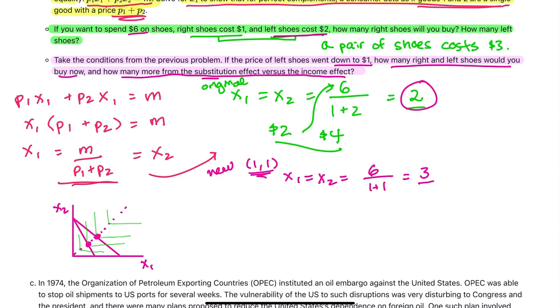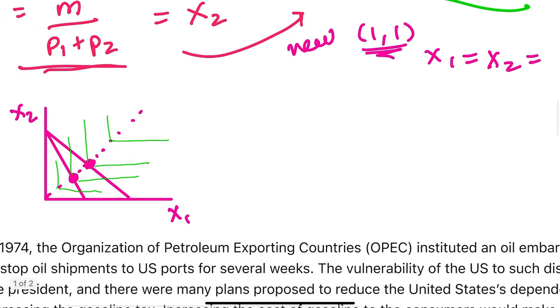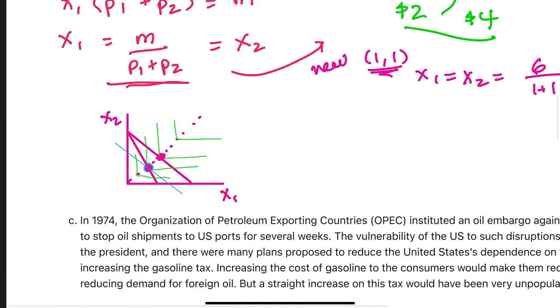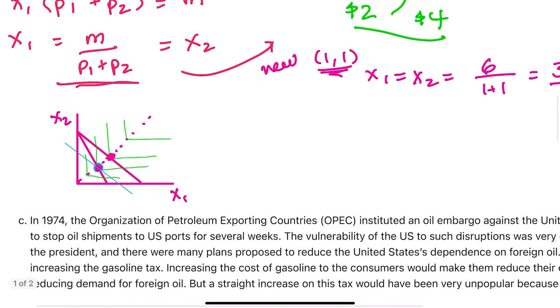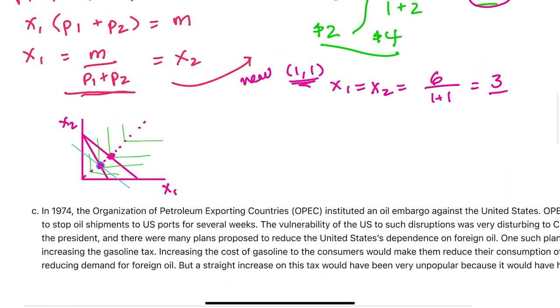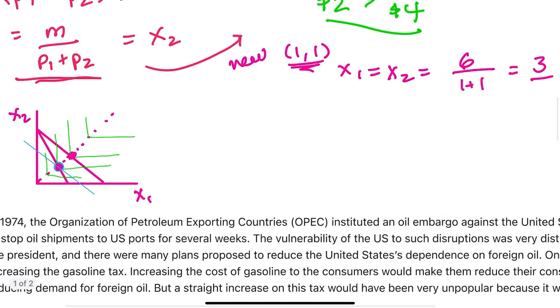Okay, so the substitution effect asks, we want to draw this substitution effect line. It has the same relative prices as the final budget line, but it's going to make the original bundle just affordable. So maybe we don't even need to go through the process of figuring out what M prime is.